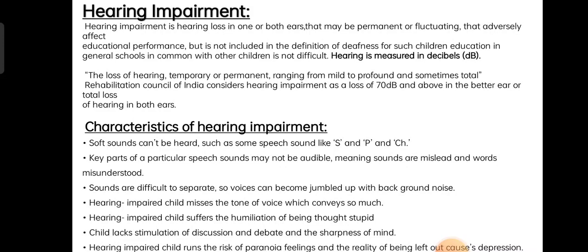Okay, so what is that? It refers to hearing impairment as a condition that affects the frequency or intensity of one's hearing. Individuals with mild to moderate hearing impairments may be hard of hearing but are not deaf.